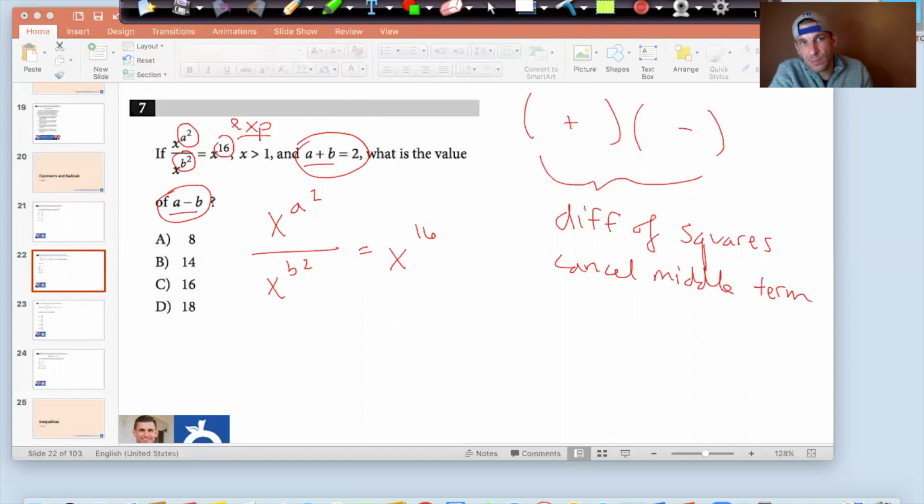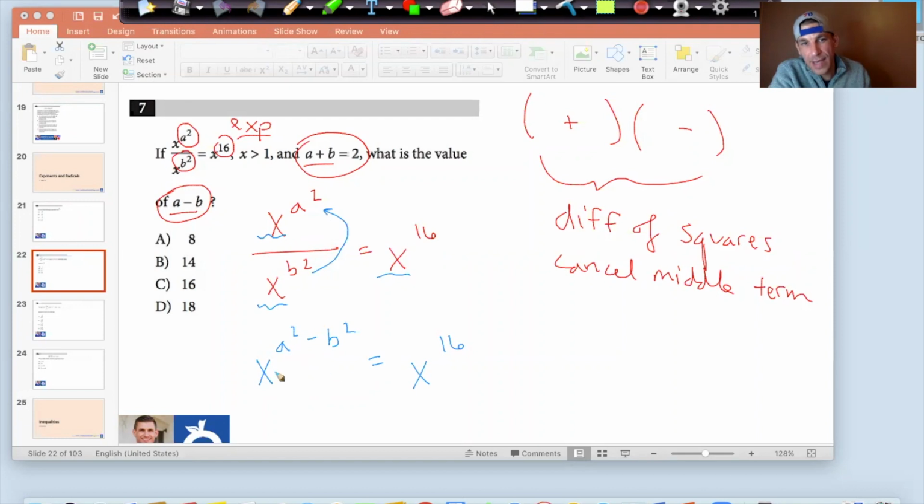Given that I have the same base, I can play with exponent rules if I bring this b squared up. Because I have the same base, this becomes x to the a squared minus b squared, because this now becomes a minus b squared as I'm flipping the sign of the fraction. And this becomes x to the 16th.